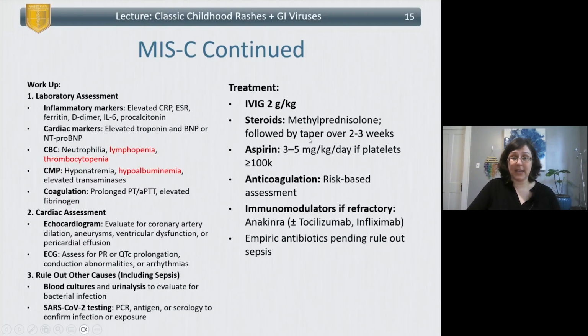We do recommend steroids followed by a taper, and then aspirin as well. And anticoagulation is a risk-based assessment. In cases of refractory MIS-C, you might want to consider an immunologic, including anakinra or tocilizumab or infliximab in some cases. And then, of course, while you're ruling out sepsis, empiric antibiotics.